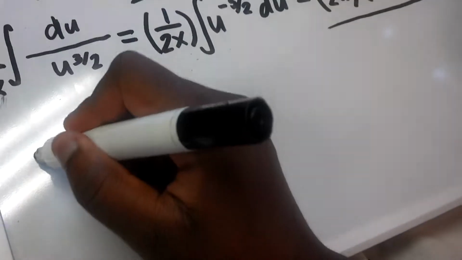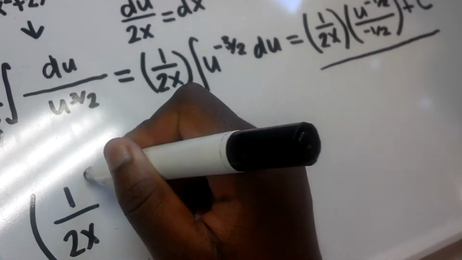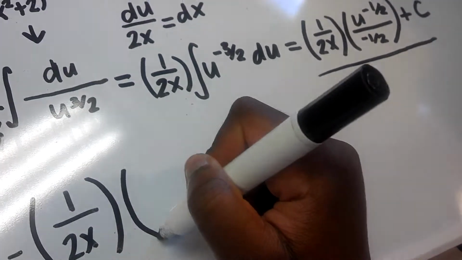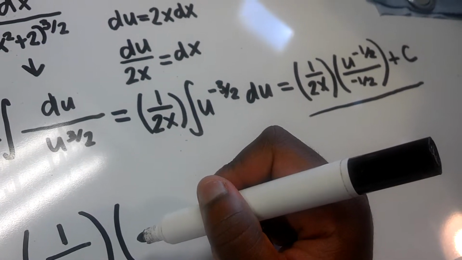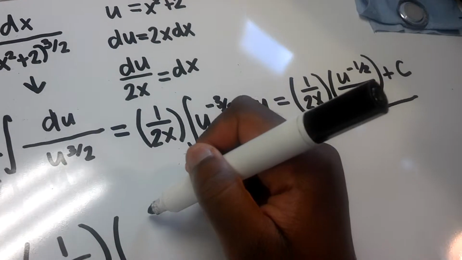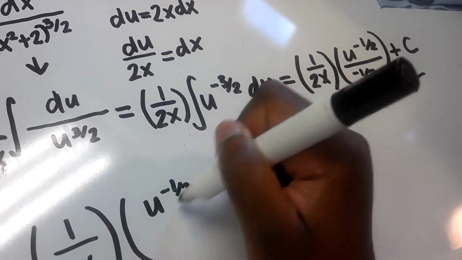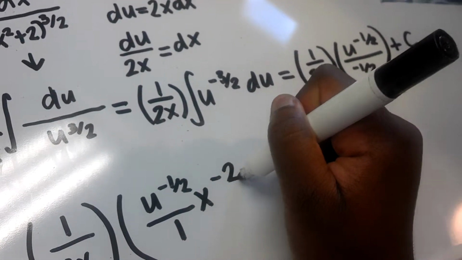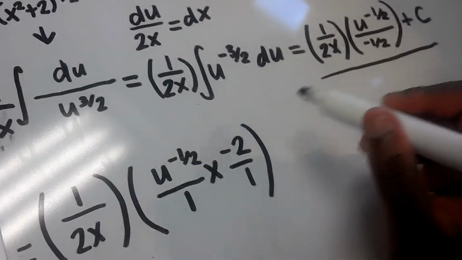So we have 1 over 2x times u to the negative 1/2 over 1 times negative 2 over 1. We want to get rid of this negative 1/2 on the bottom.